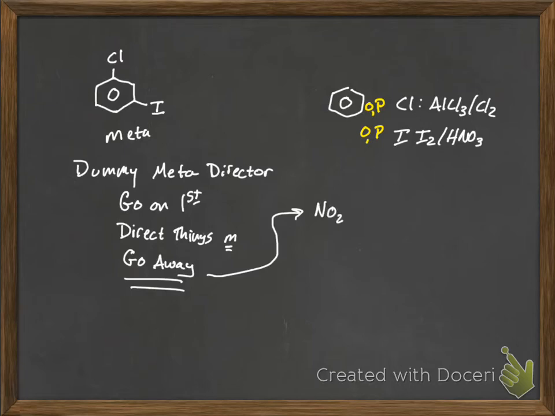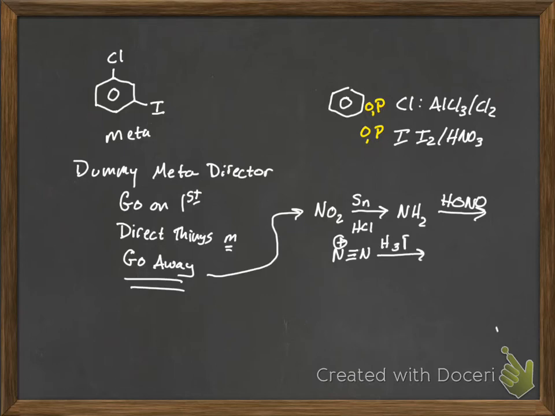You add the NO2, which you then use tin and HCl to turn into an NH2, which you use nitrous acid to turn into the diazonium salt, and then you use H3PO2, I think, to turn it back into a hydrogen, and it's this that does your dummy meta directing.